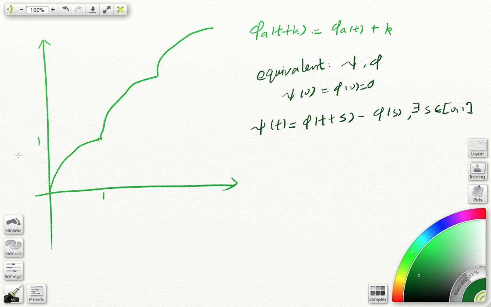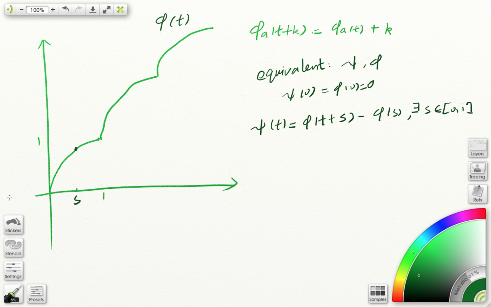Okay, so if we look at the picture here, suppose this is our phi, phi of t. And then we have phi of s, this is s. And what is phi of t plus s?